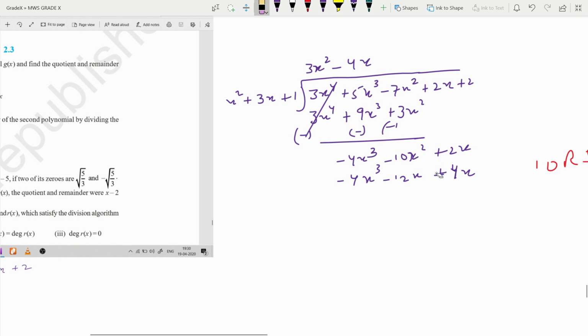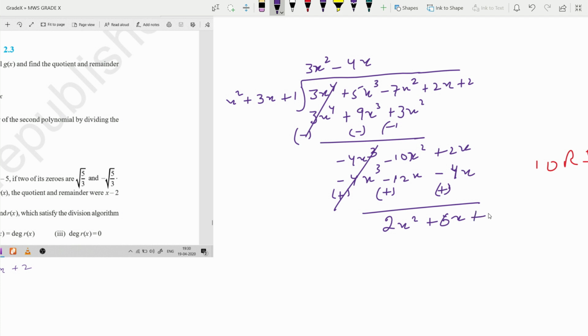Right, get rid of this. It is minus 4x. Okay, now sign change. This is 12. Sign change and cancels out. And here we got 2x square and here plus 6x, then plus 2.